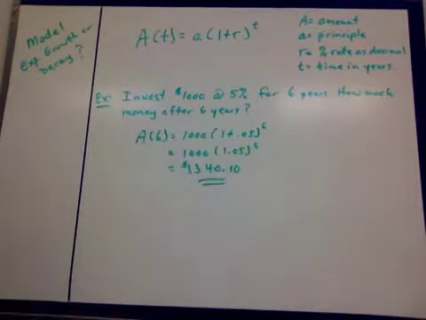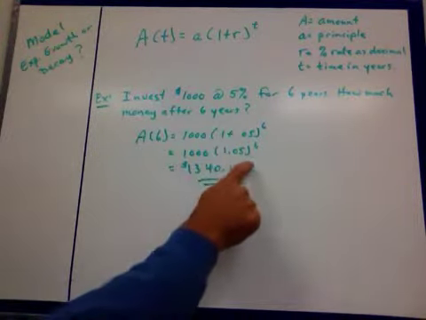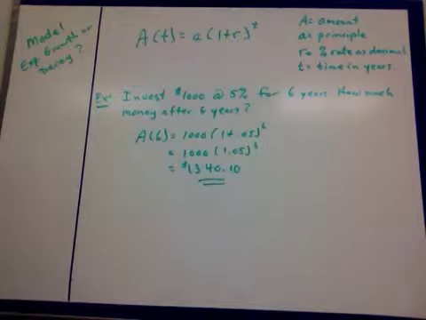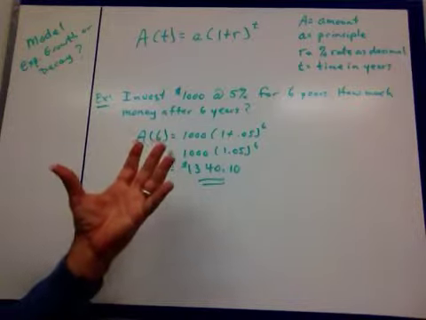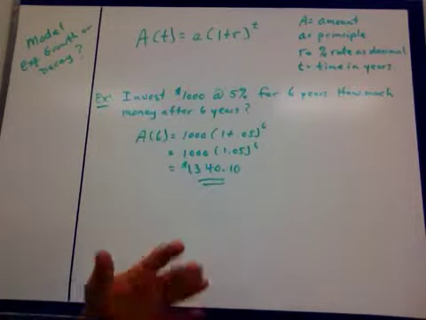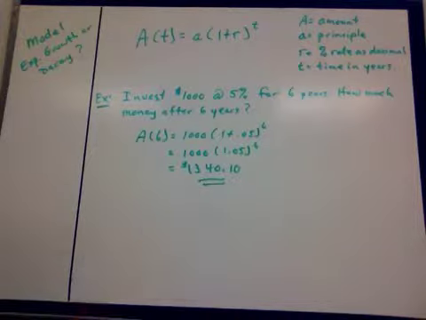Do what's in the parentheses first. Please excuse my dear Aunt Sally. Any exponents? Yep. Take that to the 6th power, then multiply by the 1,000. If you did nothing to that $1,000 but put it into the account at 5%, 6 years from now you'd have $1,340.10. That's an example of exponential growth right there.